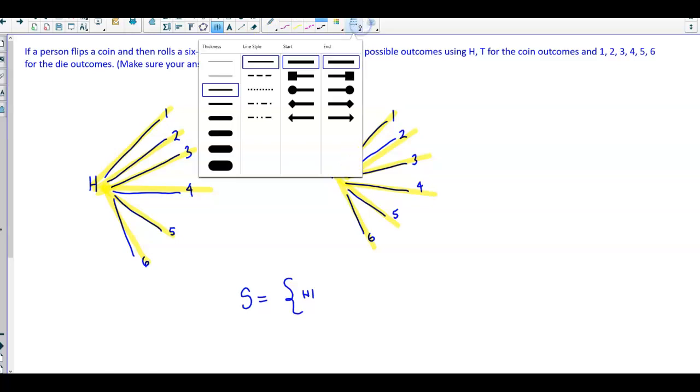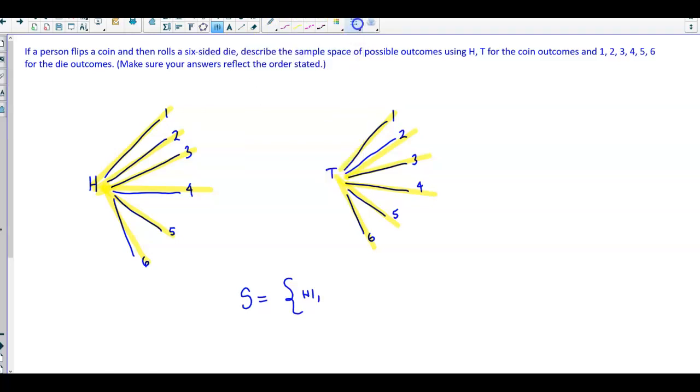So writing that out, we have H1, H2, H3, H4, H5, H6, T1, T2, T3, T4, T5, and T6.